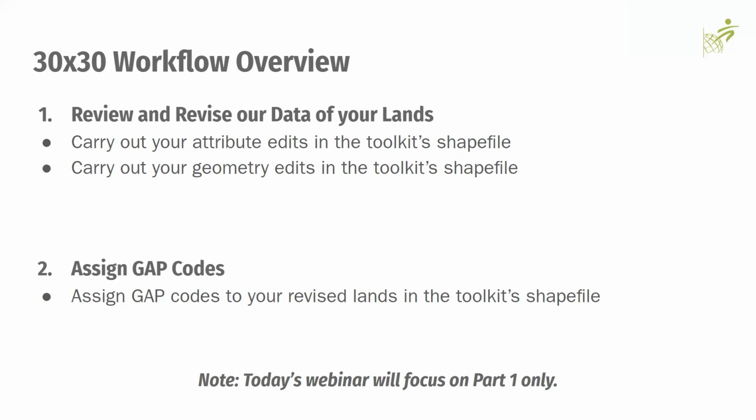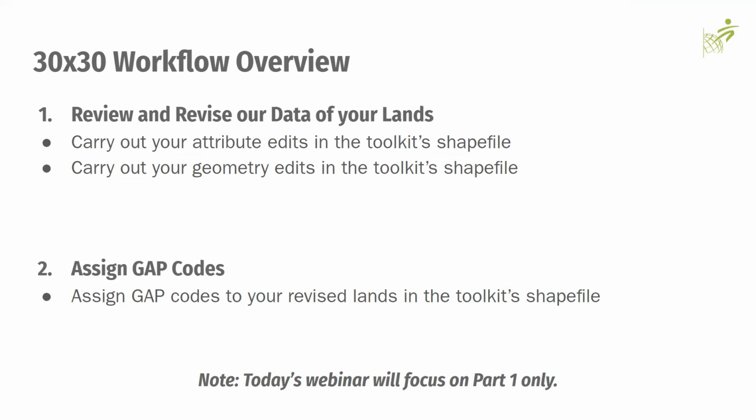Hello, everyone. Yeah, so this is really a two-stage process where the first stage is to review and revise the data that we have of your land. So the data that is in CPAD and CCED of your lands, we would like you to download the toolkit and then provide us with edits to the attributes and to the geometry.